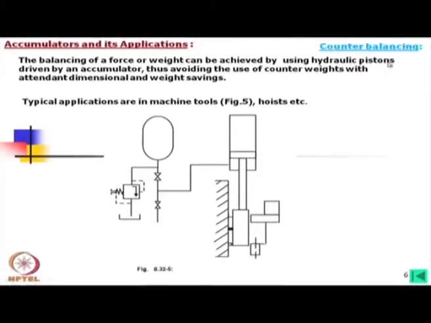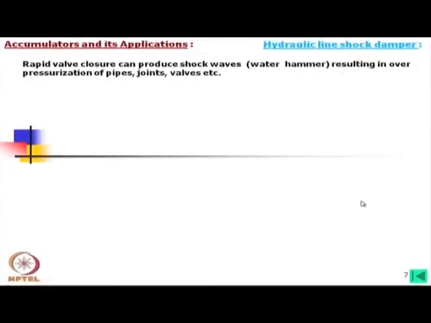When you just leave it, that means when the downward pressure is off, then gradually it goes off. So we would like to maintain that position. In that case, we can call it counterbalancing, and that can be done by an accumulator.